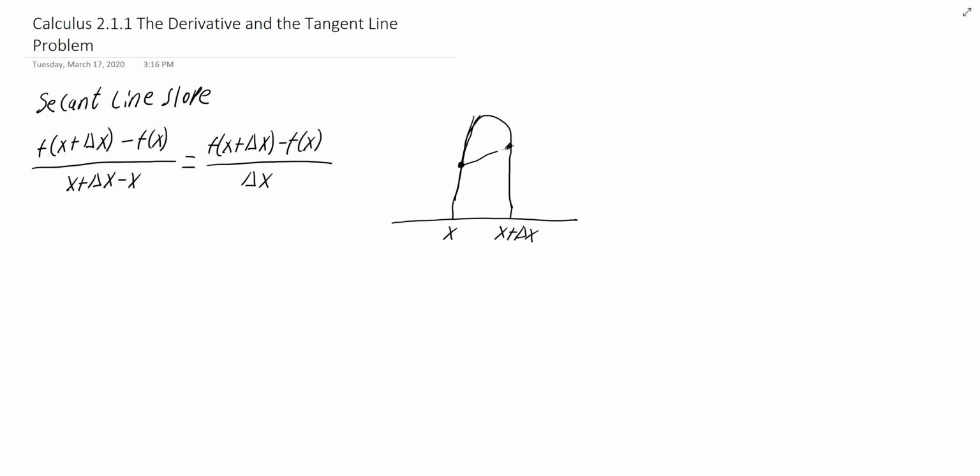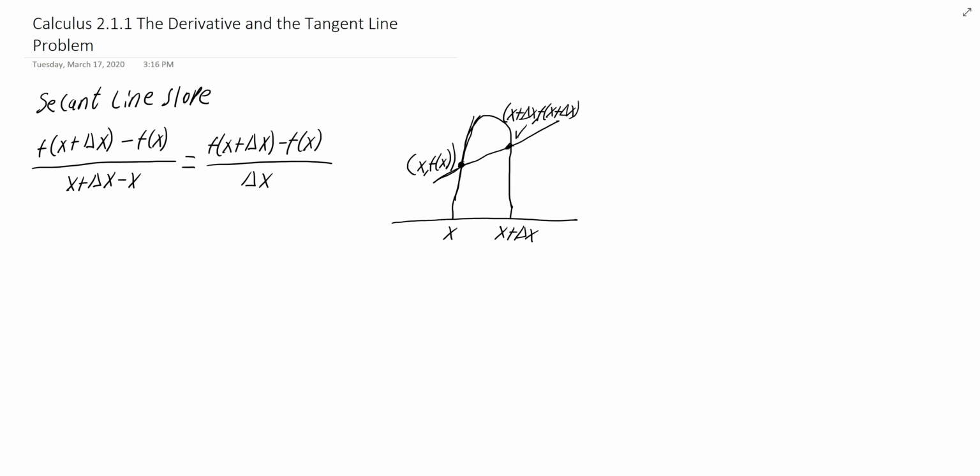Essentially this is our secant line. If we put in the coordinates, this point is x comma f of x, and over here on this point we have x plus delta x comma f of x plus delta x.